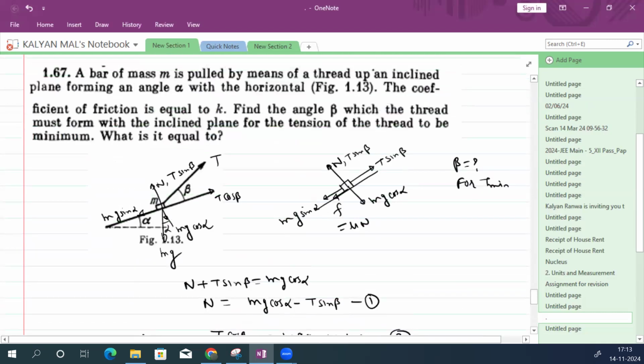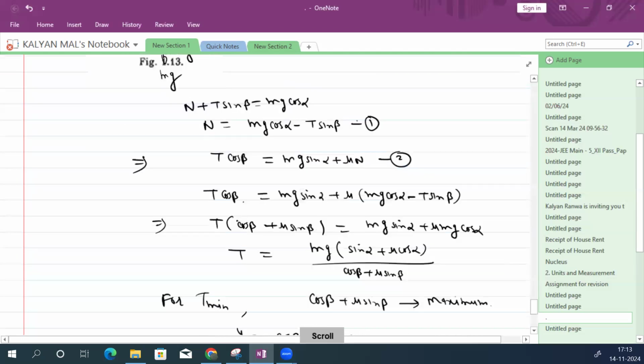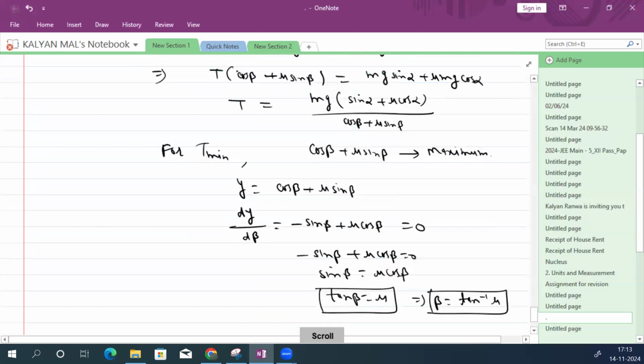So in the question, find the angle beta which the thread must form with the inclined plane for the tension of the thread to be minimum, and what is it equal to? So what is the value of beta and also the minimum value of T. For the calculation of T, we will substitute the angle beta in equation number 3.